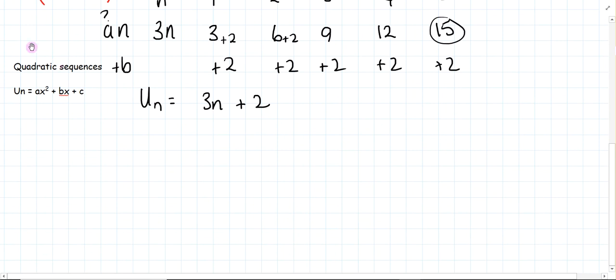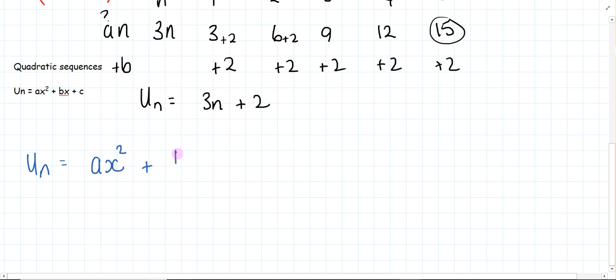So I've got it written over here again, so it's a bit small. A quadratic sequence is not ax plus b. A quadratic sequence will always be a n squared. That's the quadratic part of it.